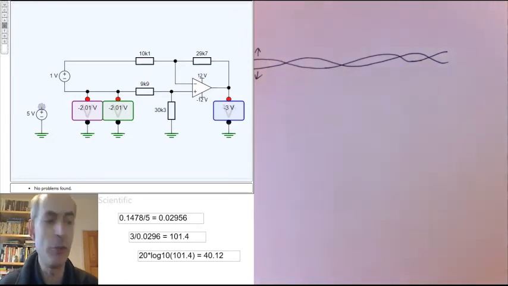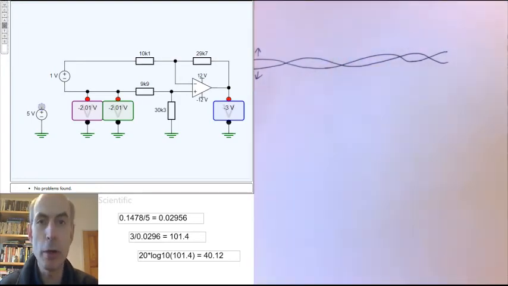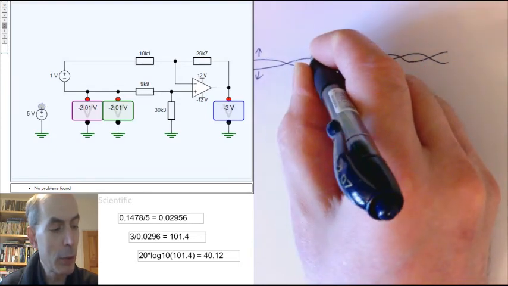If any noise gets picked up by this cable, maybe from some electrical noise or radio transmission being picked up or something like that, it will tend to be picked up equally by both of the wires in the cable. So you might get a sudden spike of noise like this.